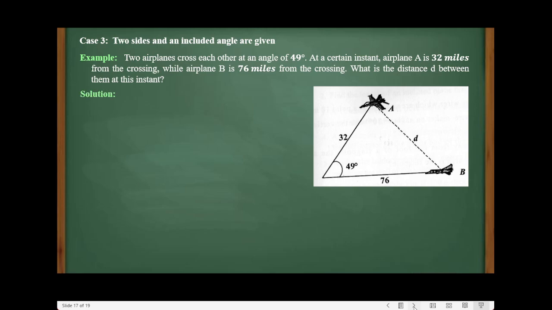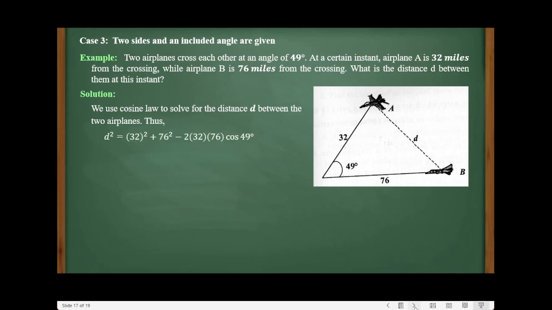So using the cosine law, we have what? d squared is equal to what? The sum of the squares of the other two sides. So that is 32 squared plus 76 squared minus 2 times these two sides, then cosine of the included angle 49.